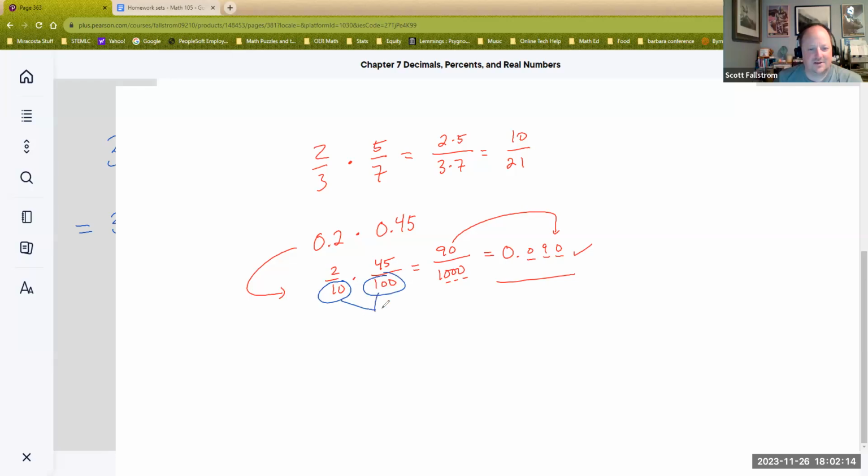And if you're counting the zeros, you end up with 3 zeros. You had 1 zero to start, you had 2 zeros, so that gave you a total of 3. So you could do that with the decimal places themselves and not worry about that. So there might be a shorter way to come to the side and say 1 decimal place plus 2 decimal places is equal to 3 decimal places.